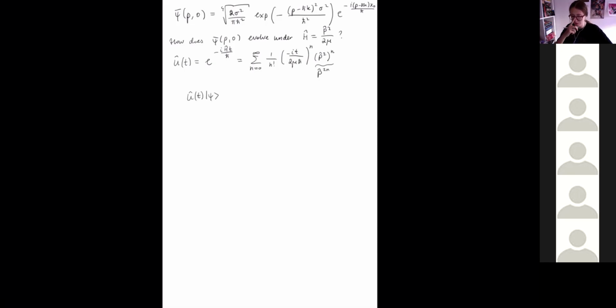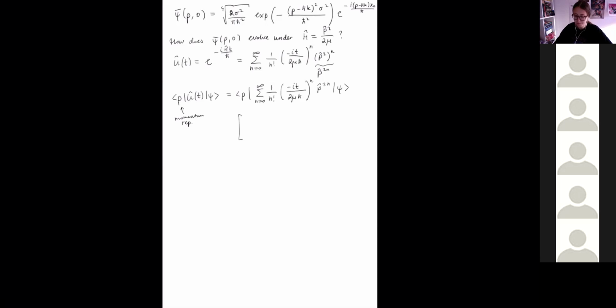Okay, so now let us act with this unitary on our state ψ. Since we want to know how it acts in the momentum representation, we just add the bra p here. So this is for the momentum representation. Then we just substitute U with the expression above, p to the power 2n acting on ψ.